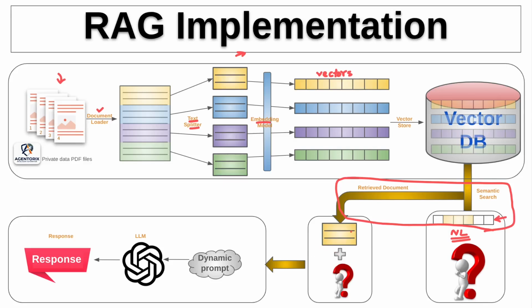After that, with the most relevant chunk or most relevant context and the query, we will generate a dynamic prompt and use an LLM. Then this LLM will generate a response. We will use Mistral here, an open source Hugging Face model. 7 billion parameters are used during training.